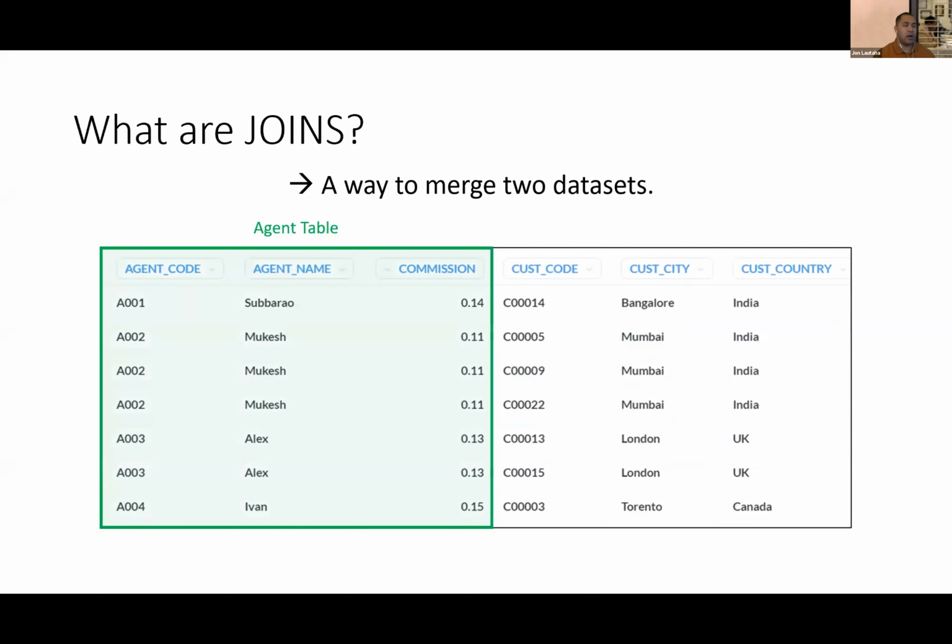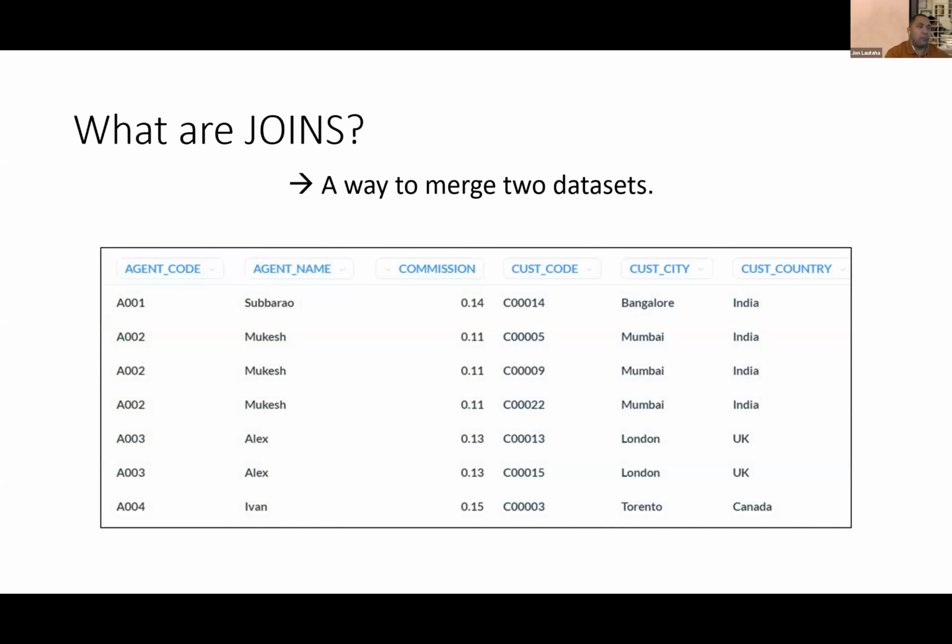The left 3 columns of this table come from the agent table that we originally had, and the right 3 columns come from the customer table. I know I'm going through this pretty quickly, but I'll pull it up in Metabase so that we can do it together. But just to get through the definition of a join, I wanted to show this.